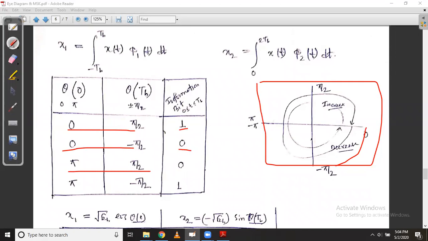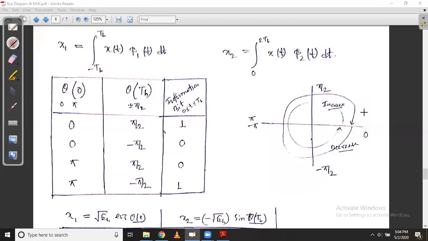Phase angle again decreases. From here to here, that means clockwise, so again 0. Pi to minus pi by 2 means this side. That means 1.